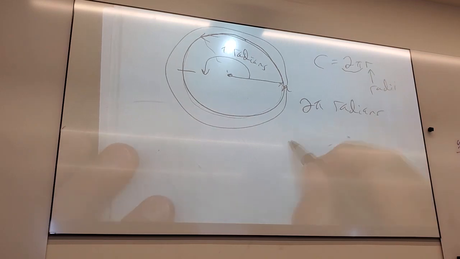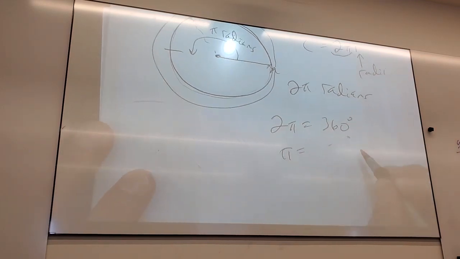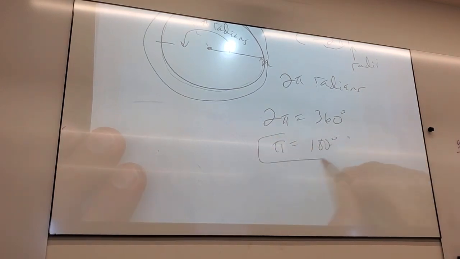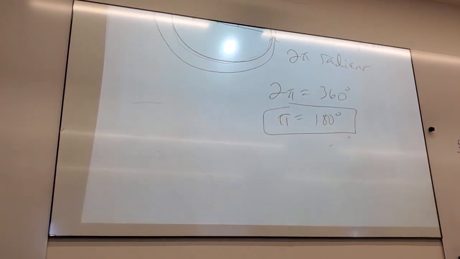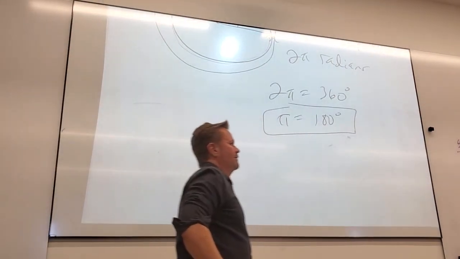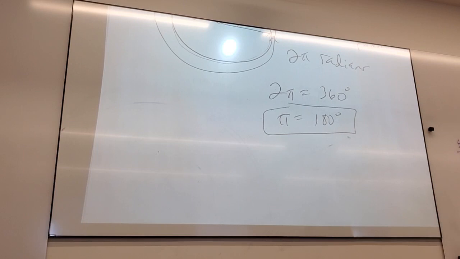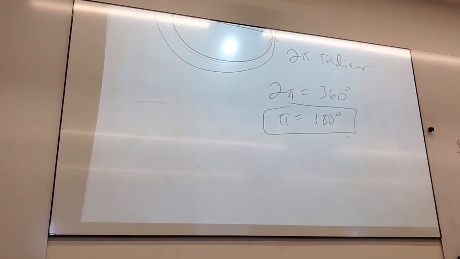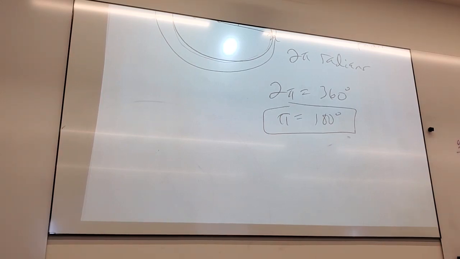All right, so 2 pi is 360 degrees. Pi is 180 degrees. This is a very useful thing to know. Those of you in chemistry, something you all desperately love, besides balancing equations, is conversions, right?